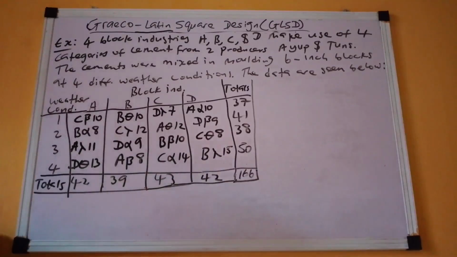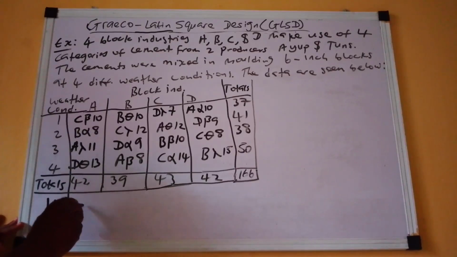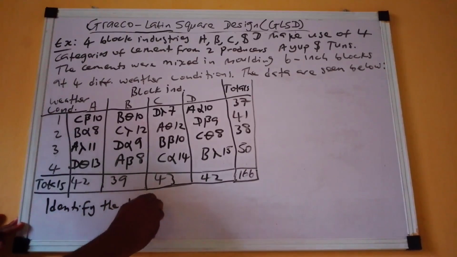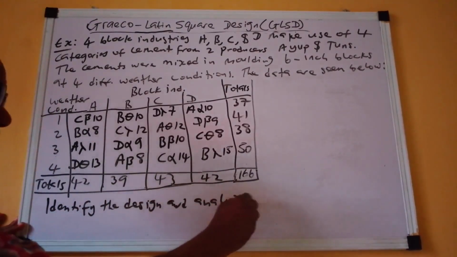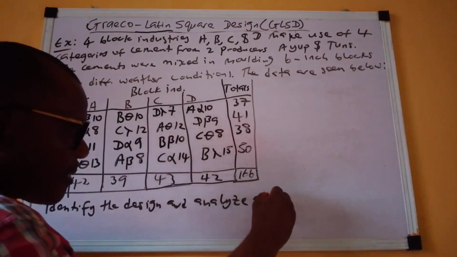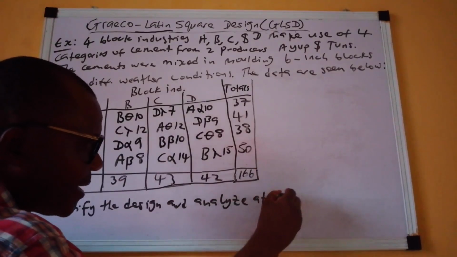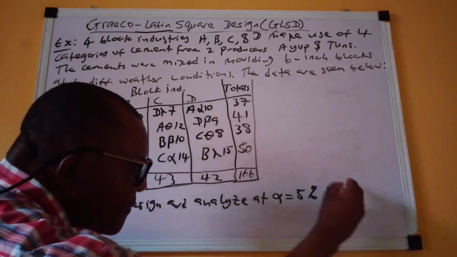Here you have to carry out the analysis. This design, the question says identify the design and analyze at 5% or at alpha equals 5% level of significance.